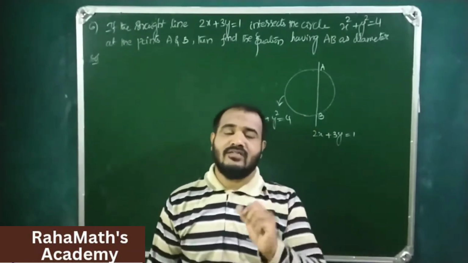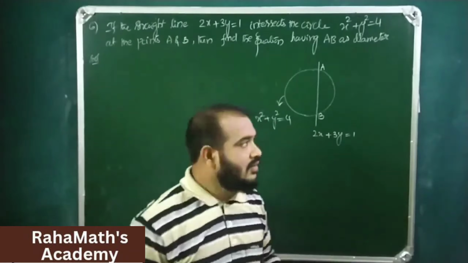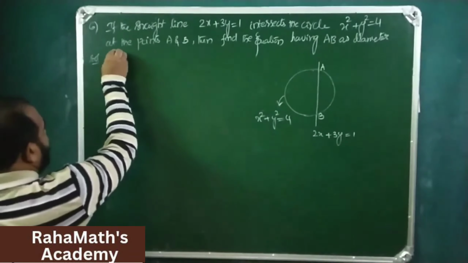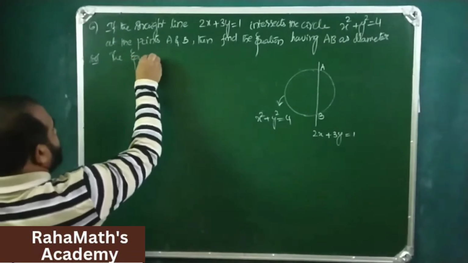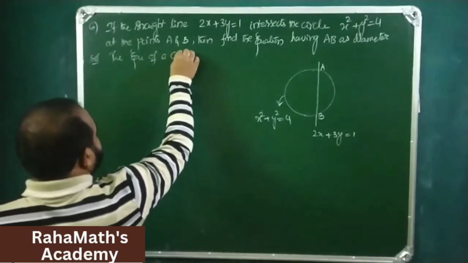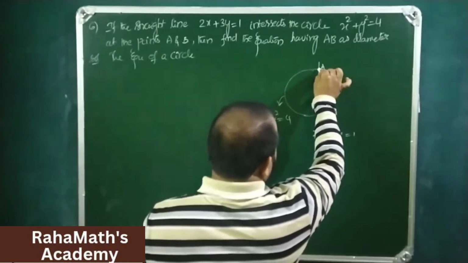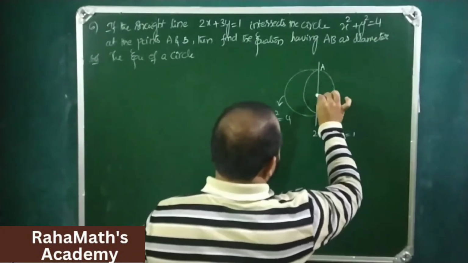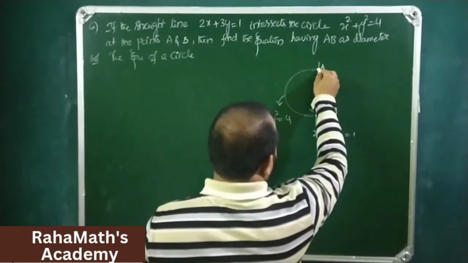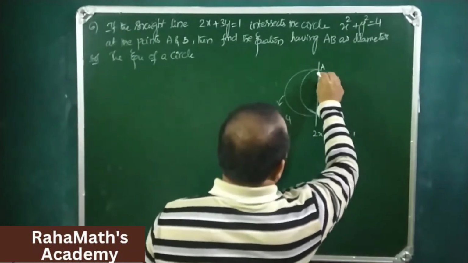S plus lambda L equals to 0, where lambda is the parameter. So the equation of a circle, that means this is the circle.